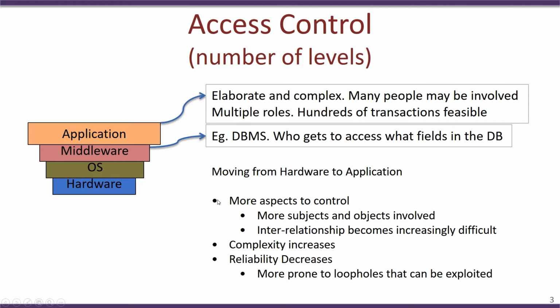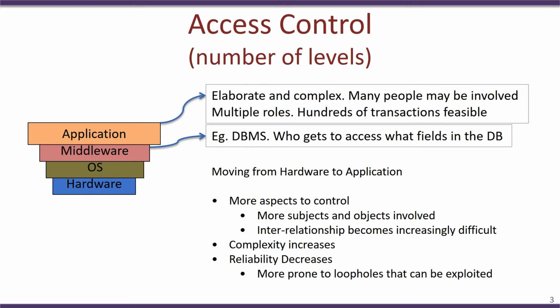As we move from the hardware to the application, there are more and finer aspects to be controlled. So the complexity increases, and the reliability and guarantees that can be provided by the access control are more difficult to achieve. Essentially, access control mechanisms provided in the application or middleware are more prone to loopholes and can be exploited. On the other hand, finding a loophole or a vulnerability in the hardware is far more difficult.